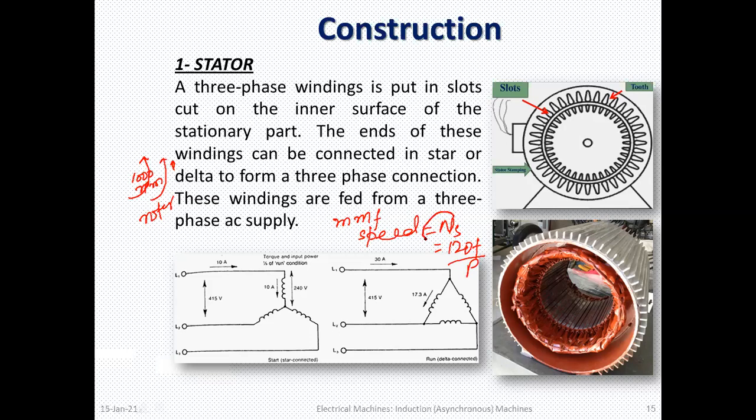So synchronous speed is that speed at which the stator MMF runs when a three-phase supply is given to the stator. This resultant speed is called the synchronous speed. Later we will see more in the next video.